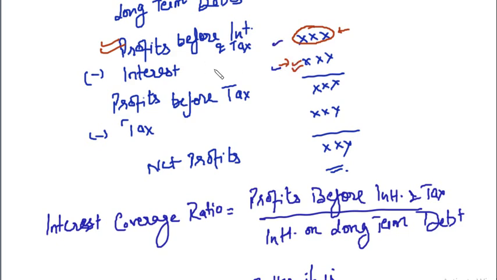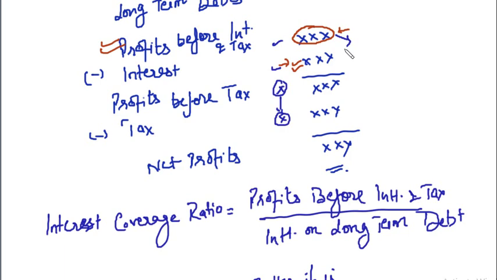If you are not able to pay the interest, that means you will not get the profits here. That means no taxation. So that's why we consider profits before interest and tax. This amount should be sufficient to pay off the interest on the long-term debt. Clear, friends?